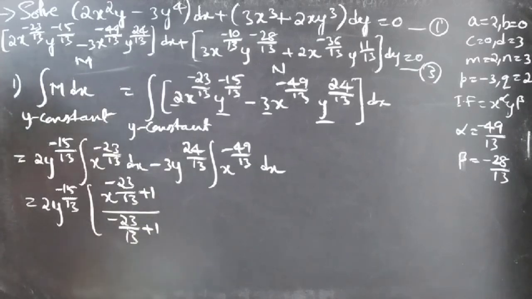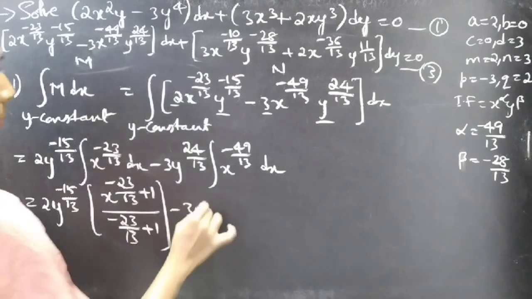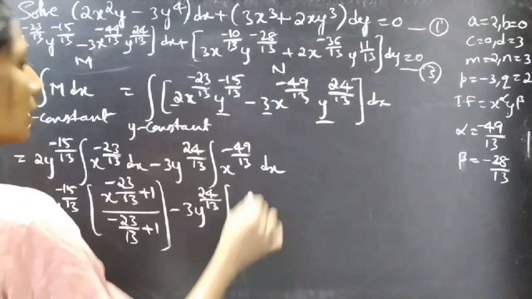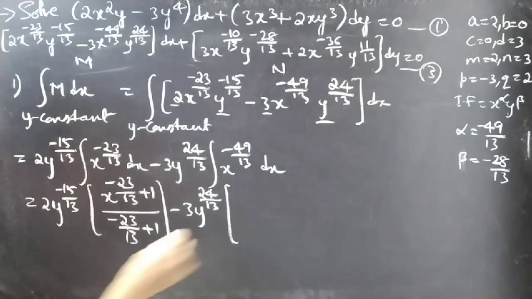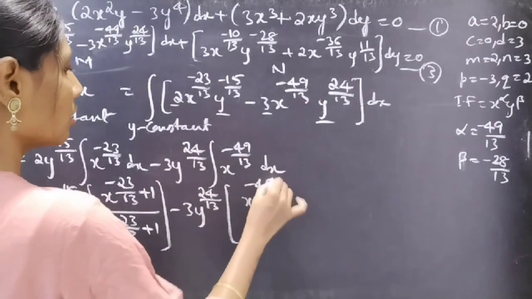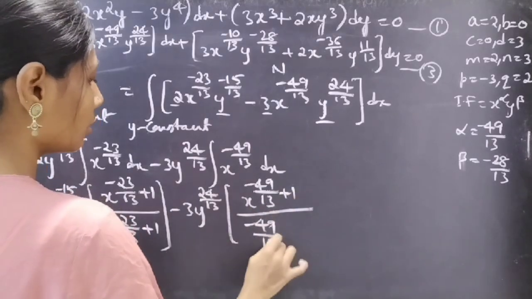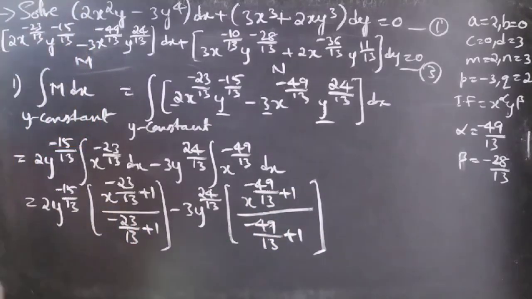We need to simplify minus 23 by 13 plus 1 here. Okay, minus 3 y power 24 by 13 into integral x power minus 49 by 13 is x power minus 49 by 13 plus 1 by minus 49 by 13 plus 1, right?